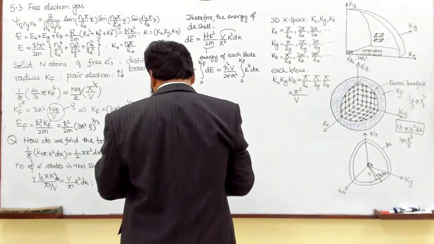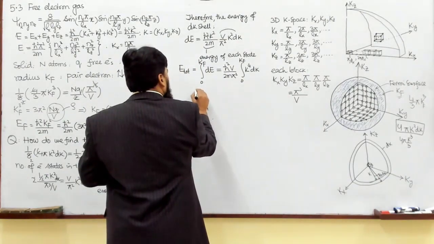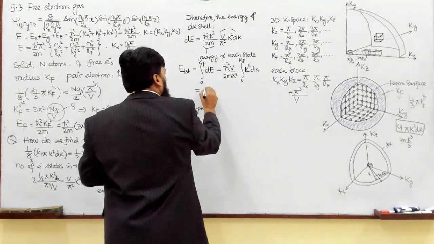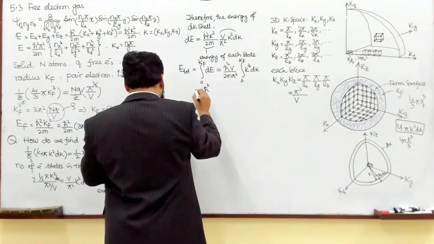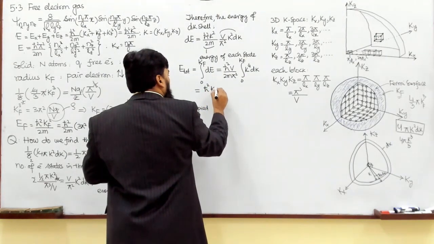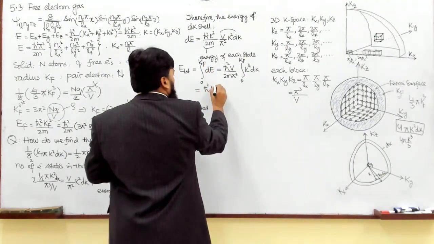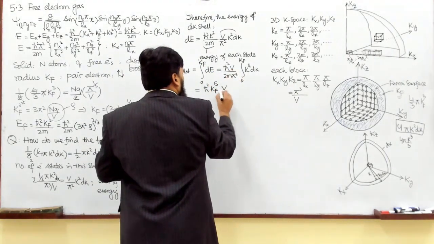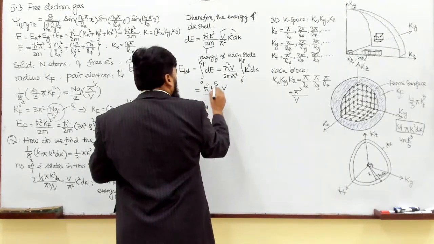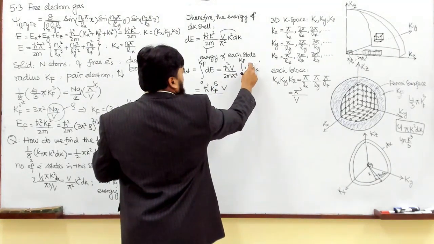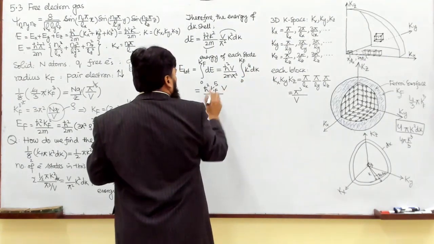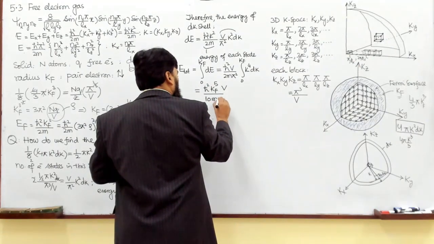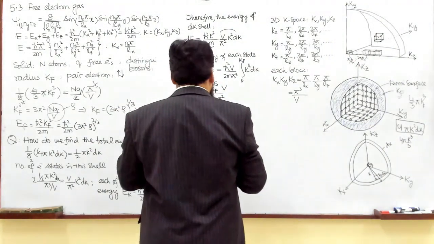And I find this integration becomes k5 by 5. So I can write h bar square kf to the 5, when I put the limits, multiplied by V divided by, since this is k5 over 5, 5 into 2 will become 10 m pi square.